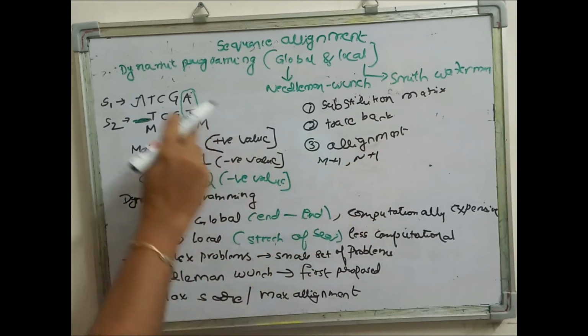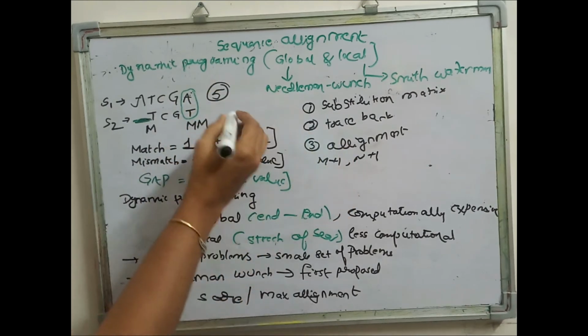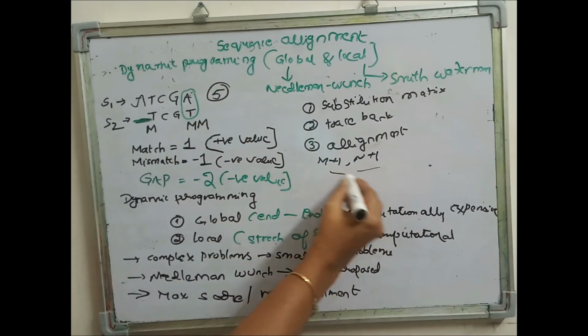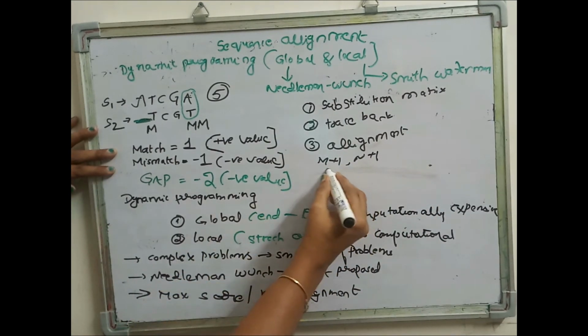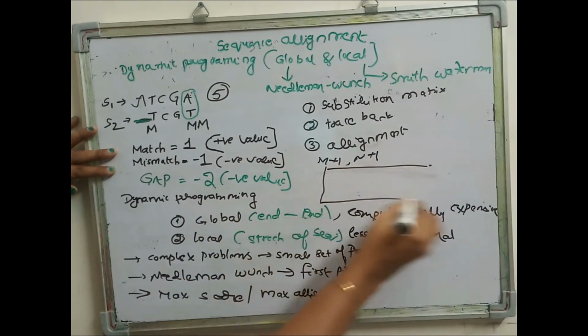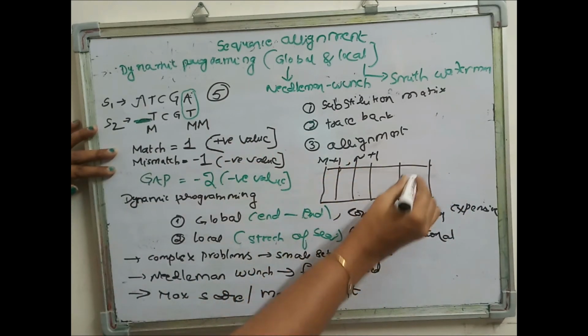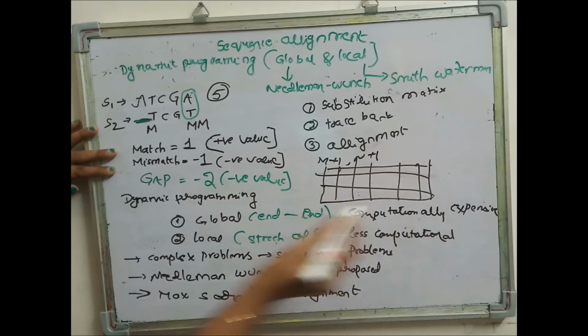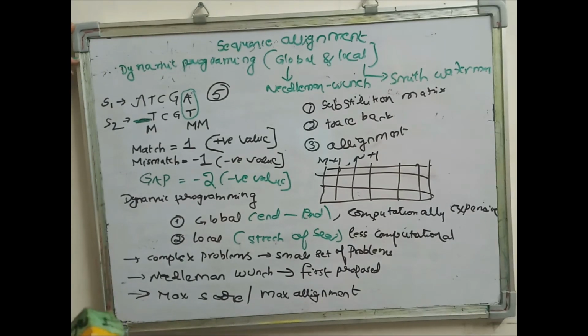If the sequence length is 5, then the total matrix size would be 6 by 5. This is initialization.